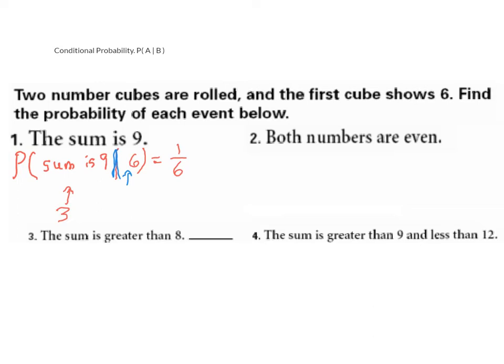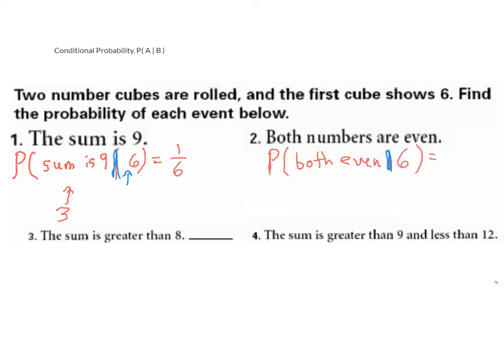So the next one says probability that both numbers are even. Again, given that the first cube shows a 6. So that will look like this: probability both even, given that we have a 6.